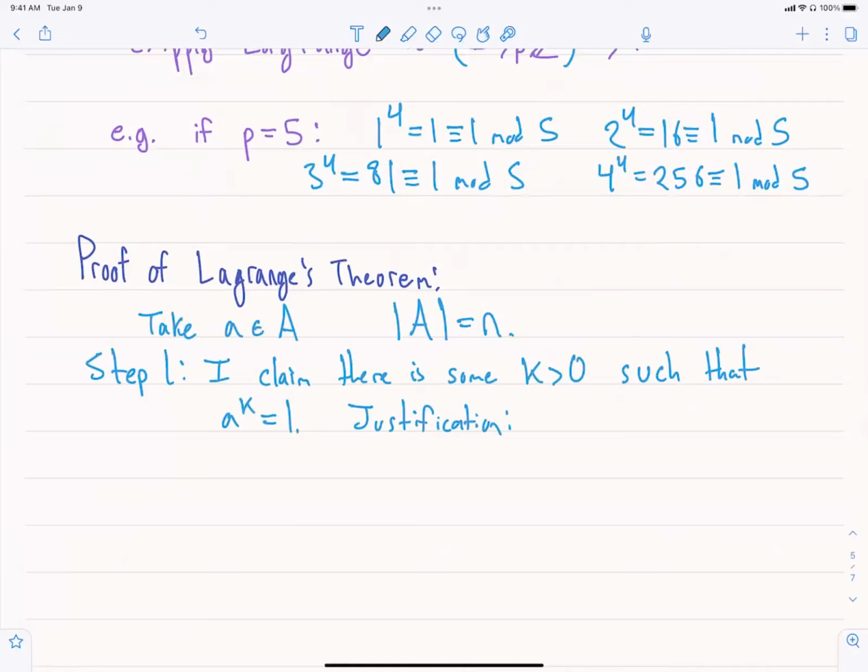If I just look at all powers, so look at a, a squared, a cubed, a fourth, and so on, I go on forever. This is a list of infinitely many things.